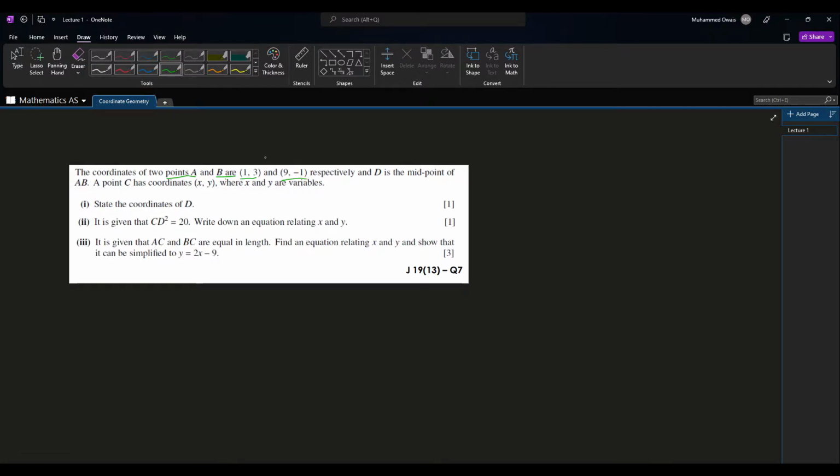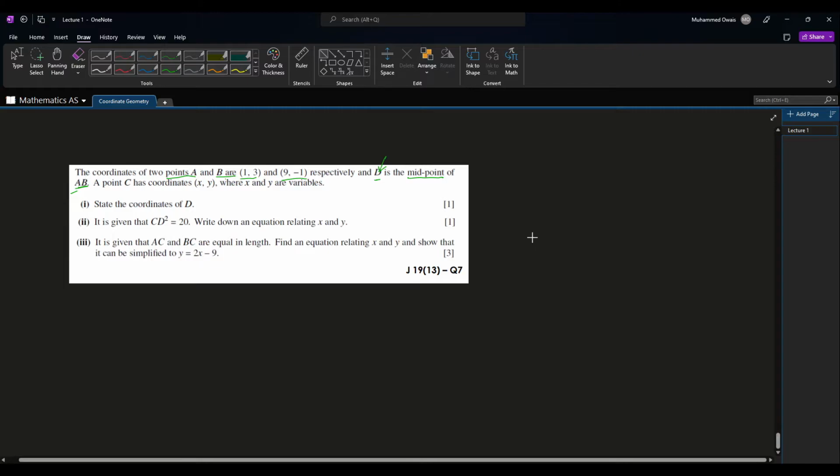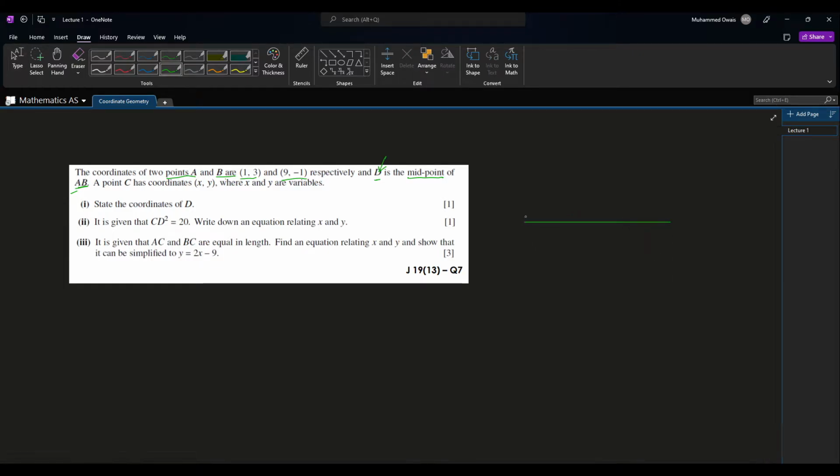We need to remember this. And D is the midpoint of AB. This means that if I draw a straight line which is AB, D is the midpoint of this line AB.